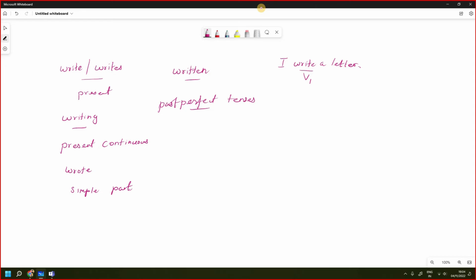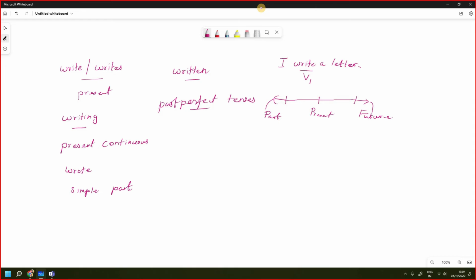Imagine there is a line, and imagine there are three places. This is present, this is past, and this is future. Beyond this is only past, and beyond this is only future.